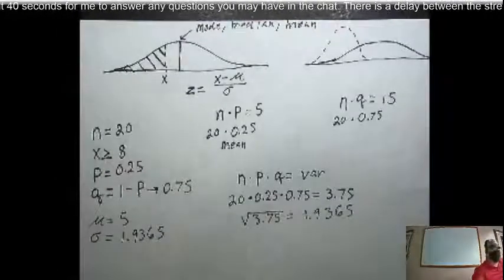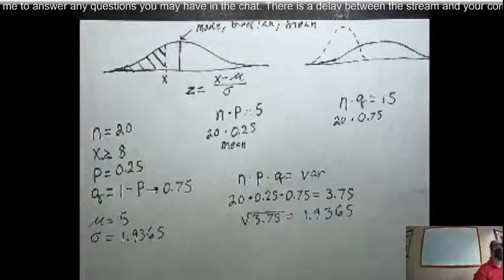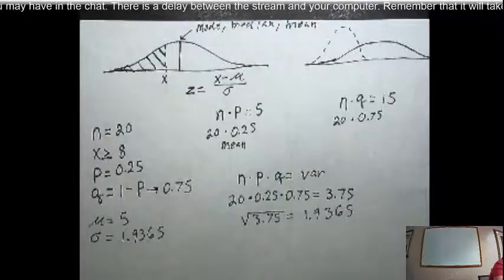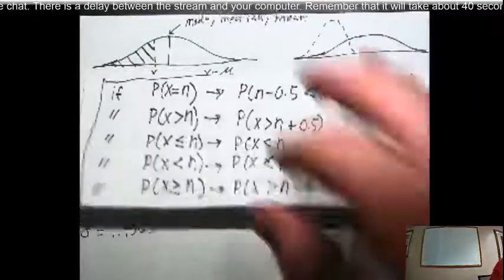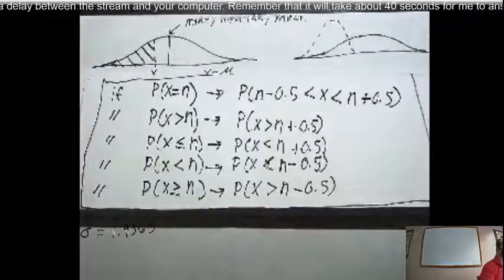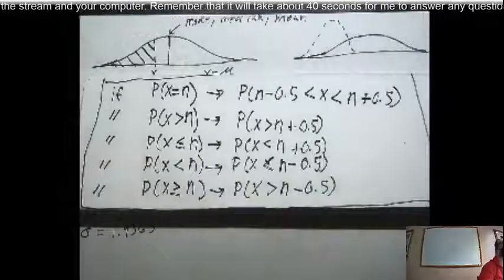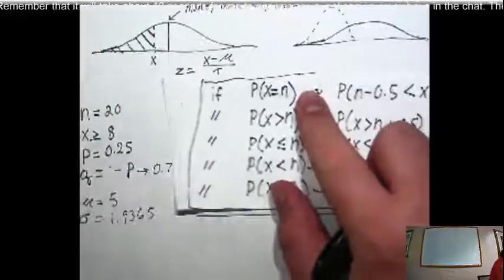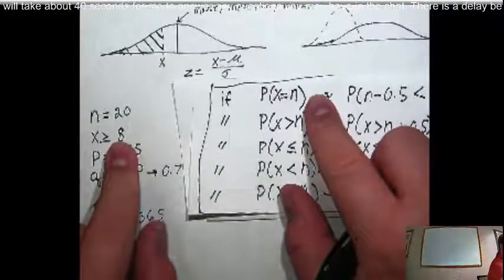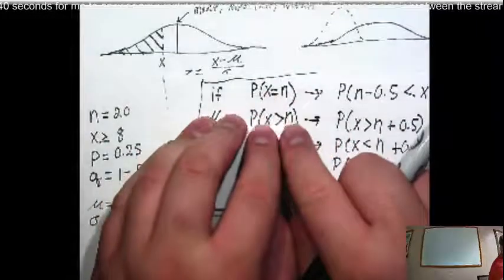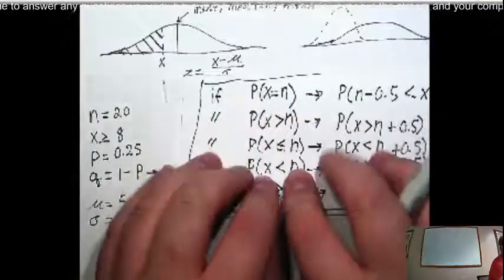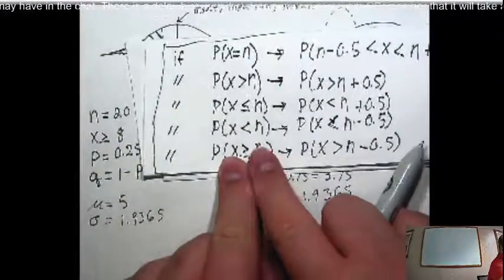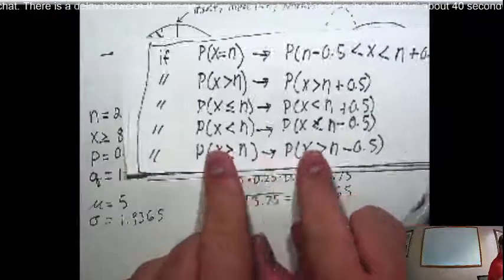We need to find what is called the continuity correction factor, which is a complex sounding term, but it boils down to this. I've got a chart here that shows you what you do to find your continuity correction factor. Basically just which of these do you have? So if you look at our x, we have x is greater than or equal to 8. So we need x is greater than or equal to, and that's all the way down here at the bottom. So it tells us, okay, if we have this situation, then we need to look over here.